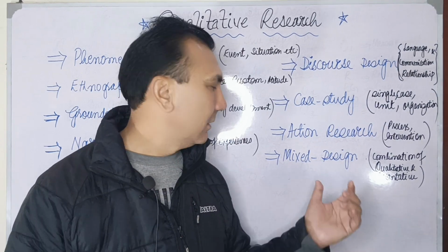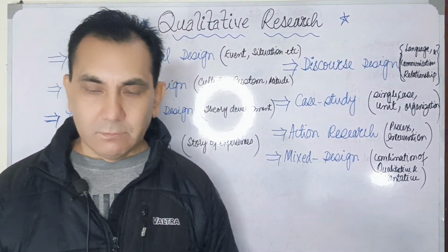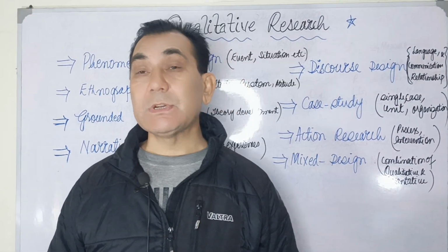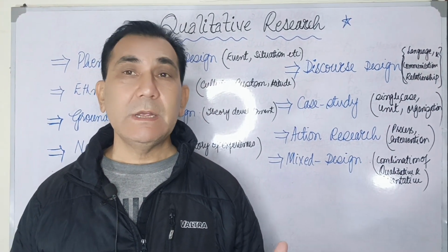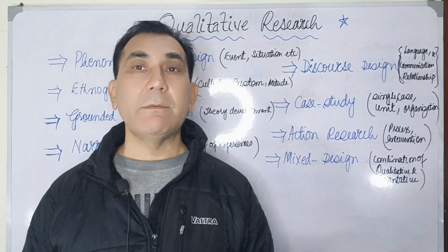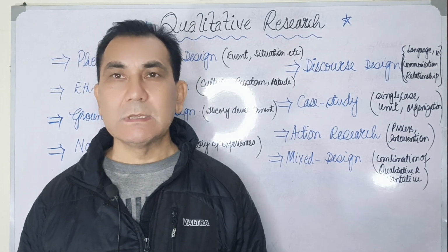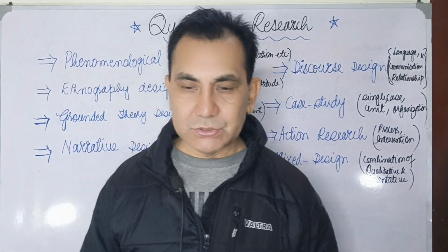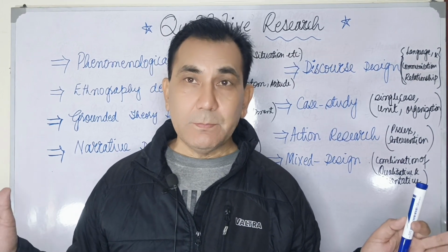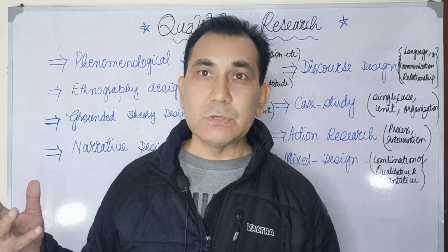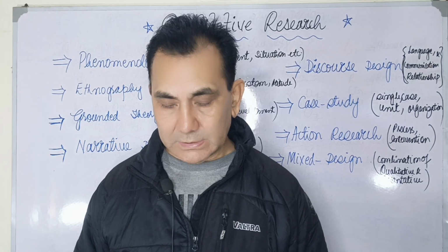So this is clear. Now the last one, the method for the qualitative research study design, is mixed methods. Nowadays mixed method is the third type of research methodology which is used by researchers. As we discussed in yesterday's lecture, there are two types of research methodologies.